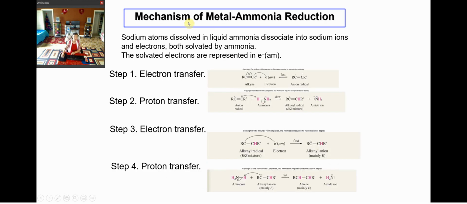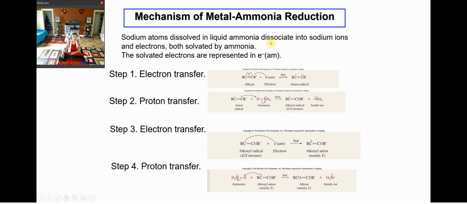stabilized. This ammonia metal reduction has 4 steps in terms of the mechanism. Sodium atoms dissolved in liquid ammonia dissociate into sodium ions, which are solvated by the ammonia. You form sodium positively charged ions solvated by ammonia.